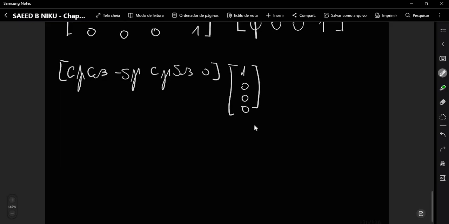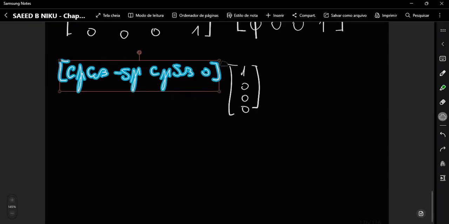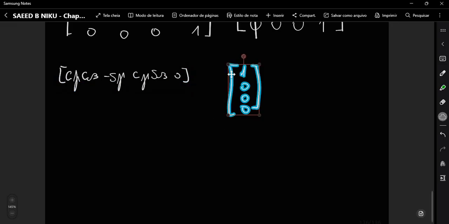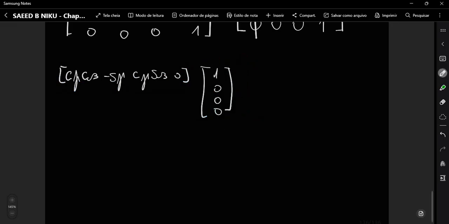And let's see. So is just cosine of gamma, cosine of beta.